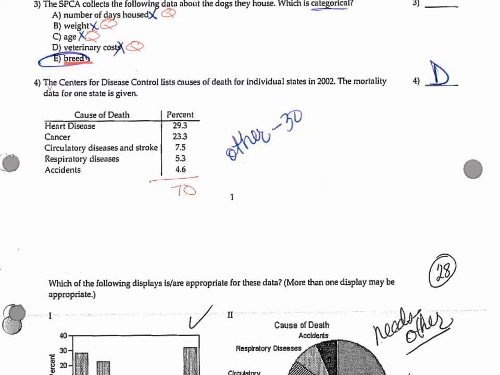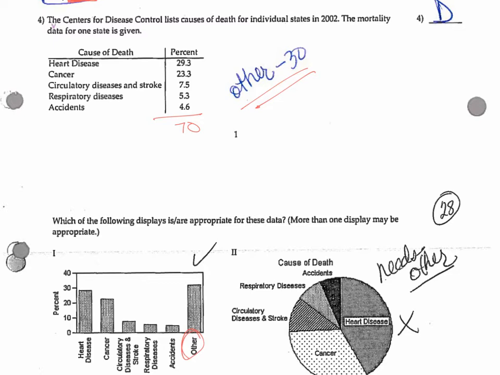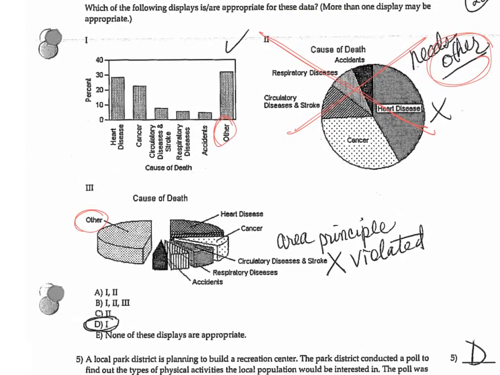So other has got to be 30%. So then I started looking at the pictures, and with number 2, it did not have the other category. So since picture 2 did not have the other, it's out. So we're down to picture 1 or picture 3.